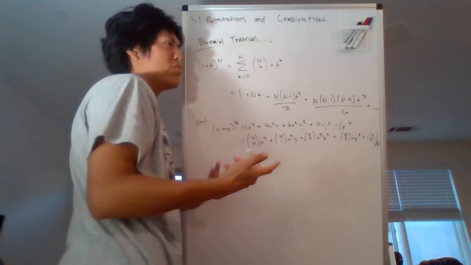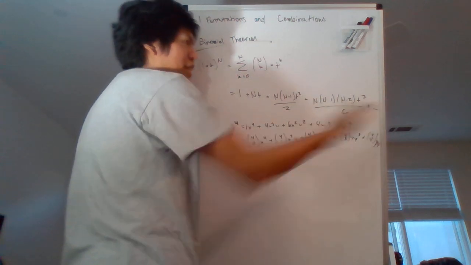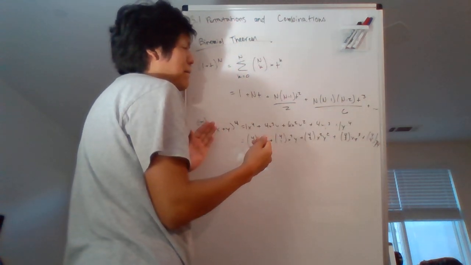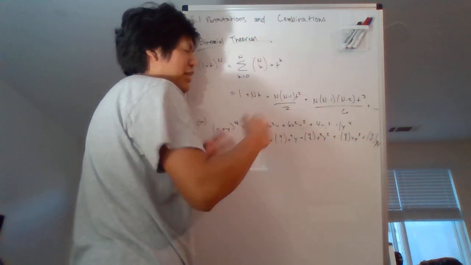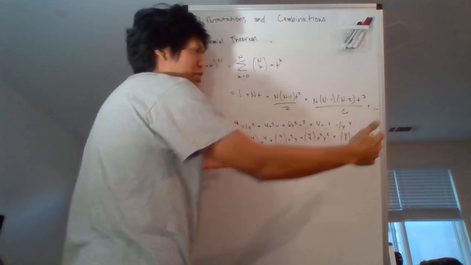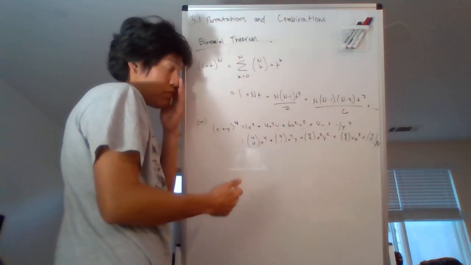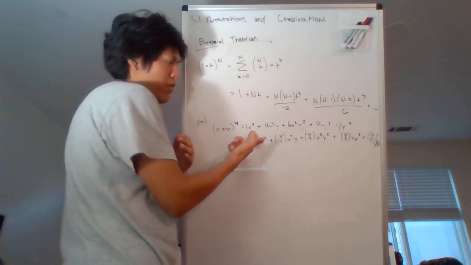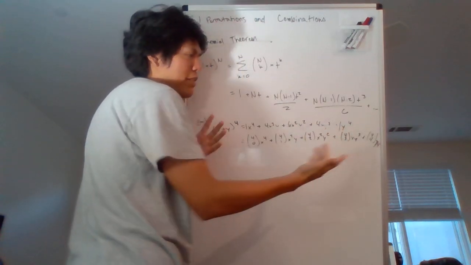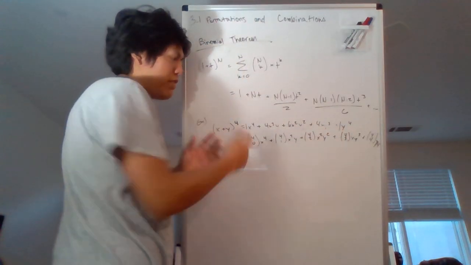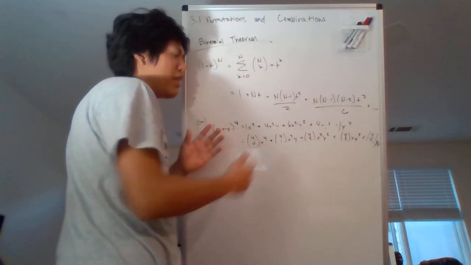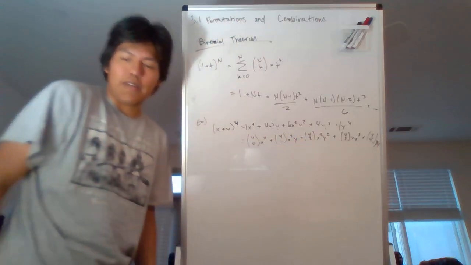There are n plus 1 terms. When you multiply the thing out, you get n plus 1 terms. So here, because it was to the 4th, there are 5 terms. If it were raised to the 5th, there would be 6 terms, and so on.